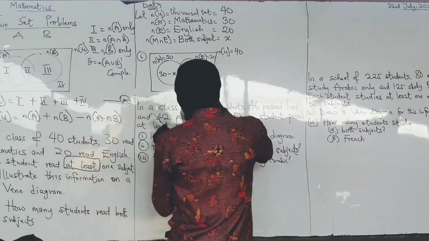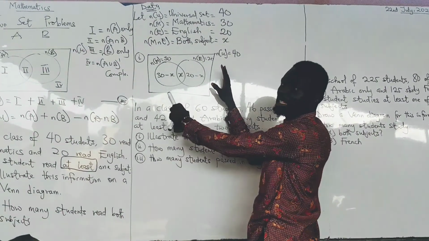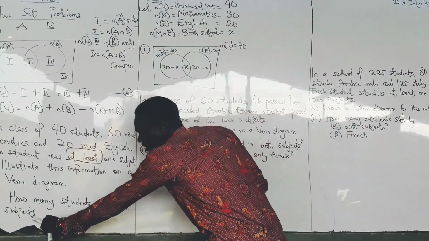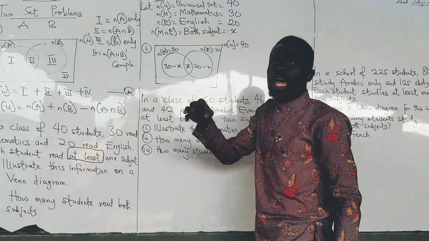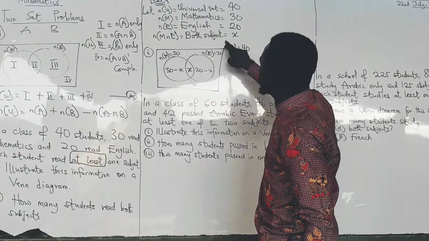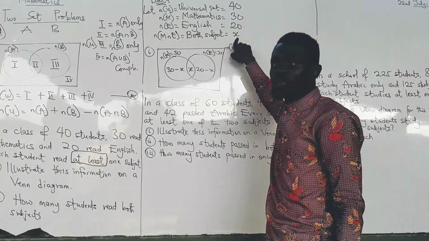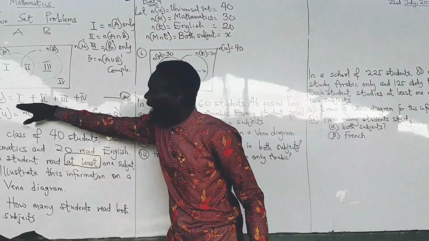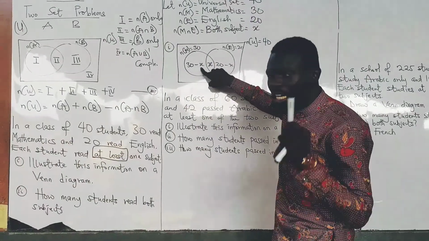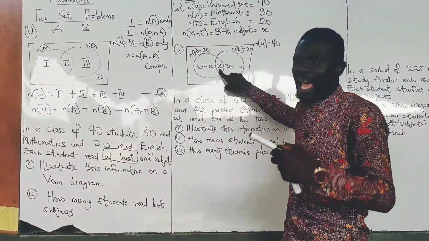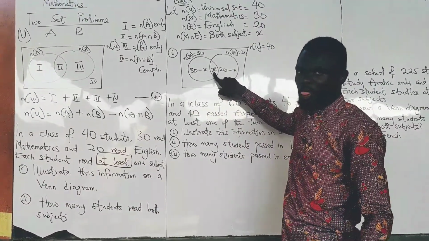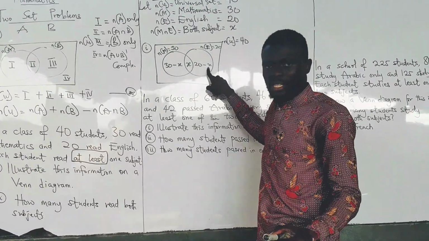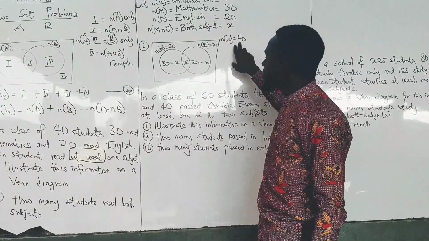So we have illustrated this information on the diagram like this. When you continue, you have to calculate the students who read both subjects. Those who read both subjects are what we indicated here as x. So therefore, solve for x, using what we said: region I, which is the only, plus region II, which is the both subjects, plus region III, which is the only English, is equal to the universal set.